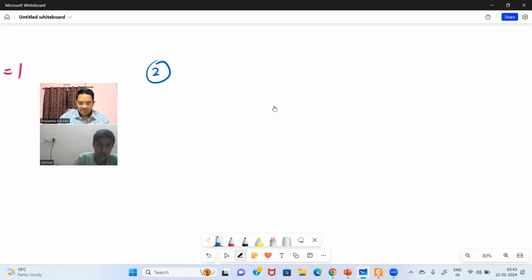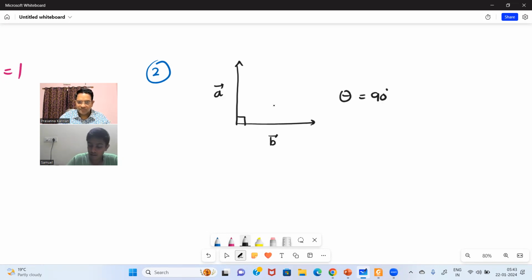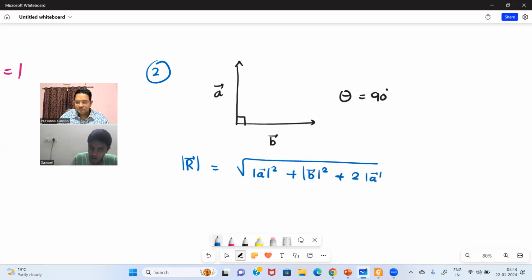Second one. How are the vectors? The two vectors are what? Perpendicular to each other. So theta is 90. So in the same formula, in place of theta I'm substituting 90.